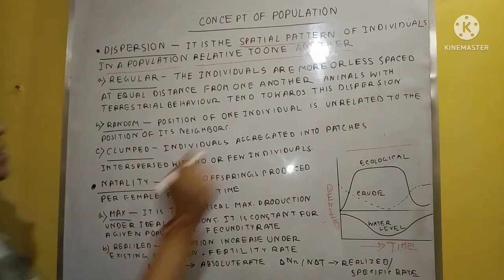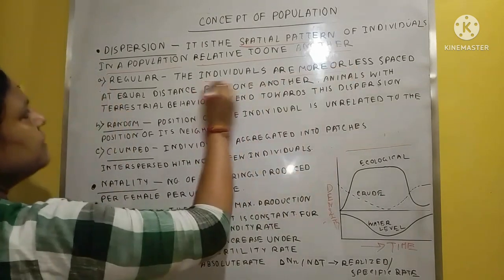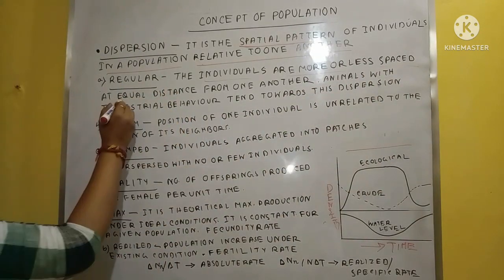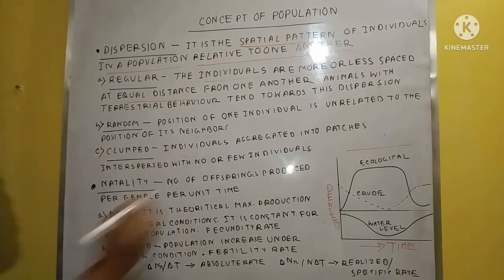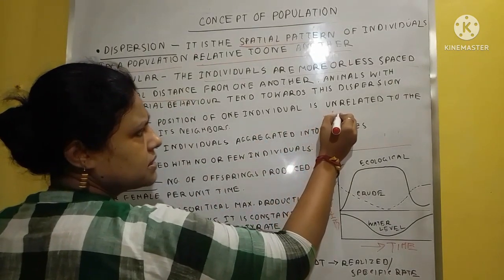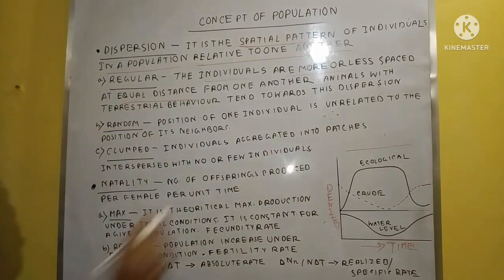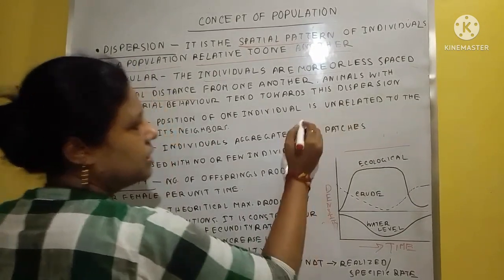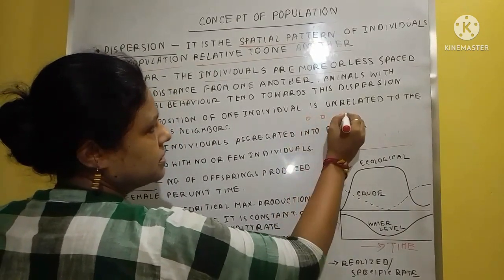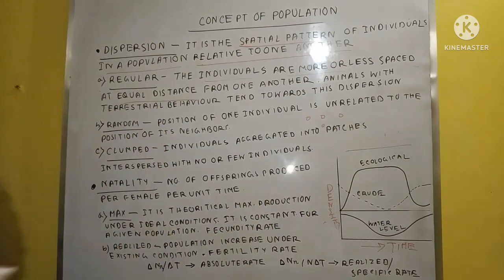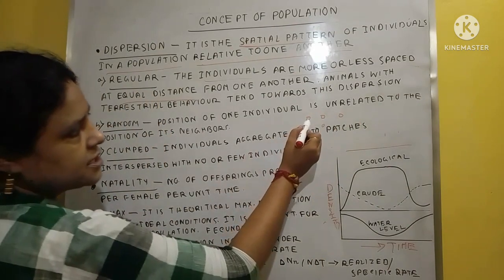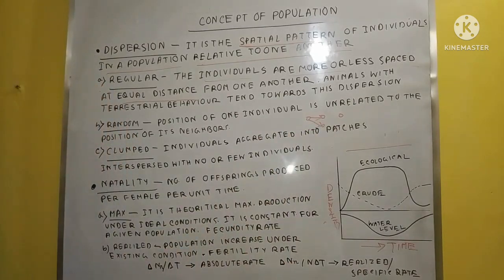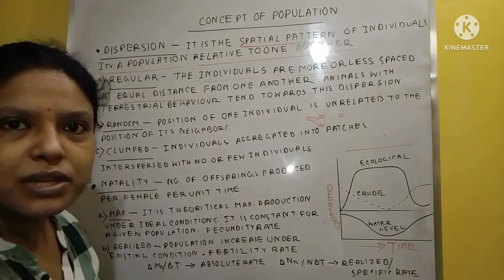Regular means the individuals are more or less spaced or scattered at equal distance from each other. Suppose like this. You can see the distance between this one and this one is the same.